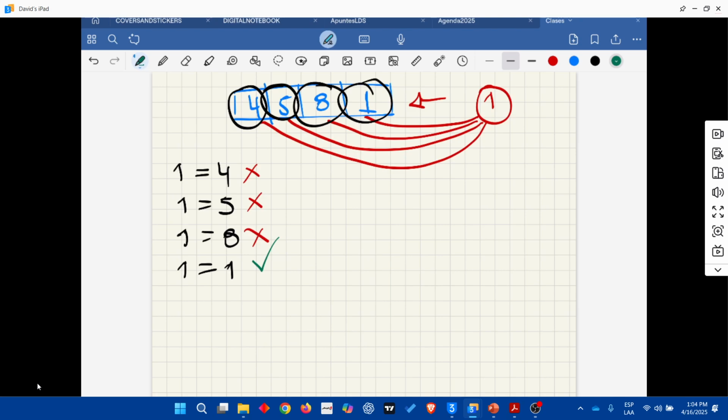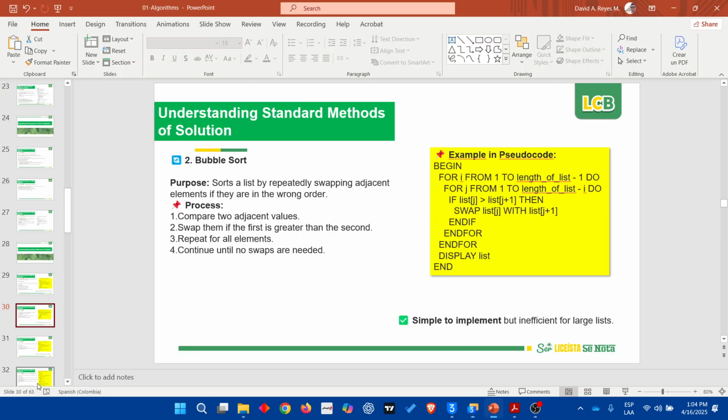What does that mean? We are going to take these numbers, the same 4, 5, 8, and 1, and we are going to sort them, ordenar, using this algorithm.